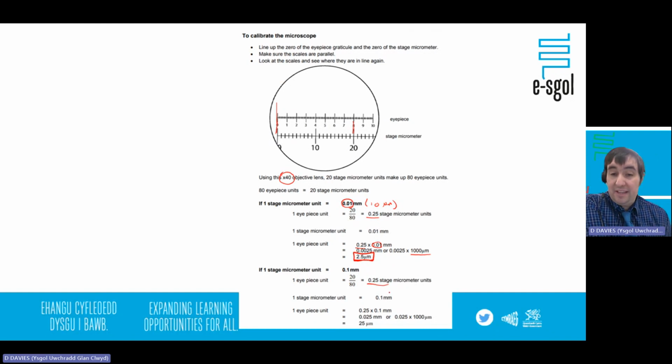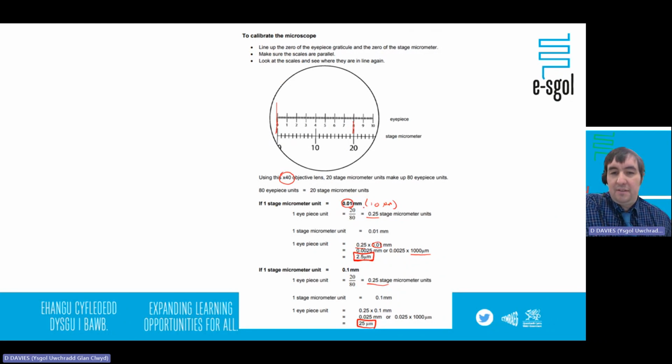But this time what I'm multiplying it with is different, isn't it? So this time every stage micrometer unit is 0.1 millimeter, not 0.01 millimeter. So you multiply them together. So this time I get 0.025, multiply by 1,000 to get it into microns, and this time I've worked out that one eyepiece unit is 25 microns. And that kind of makes sense, doesn't it?